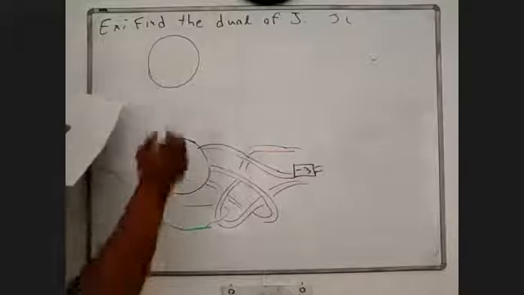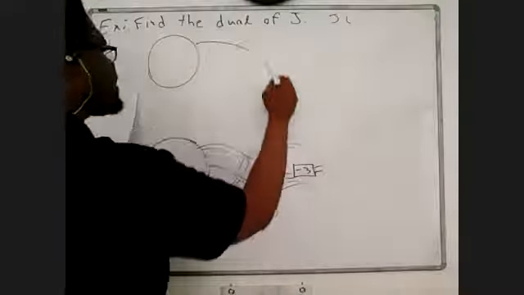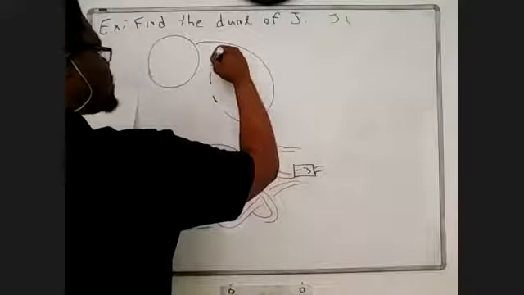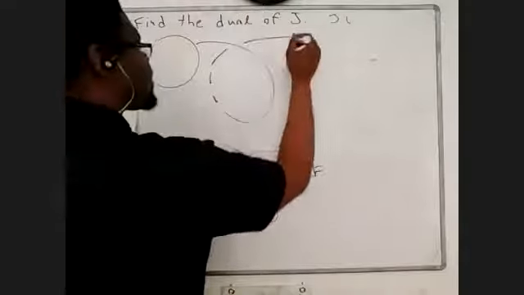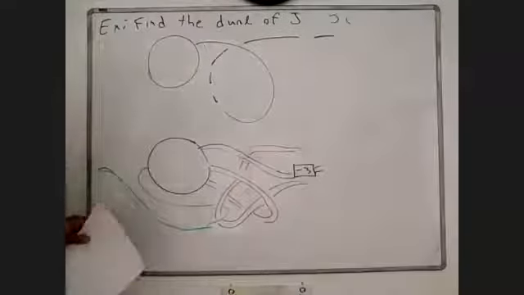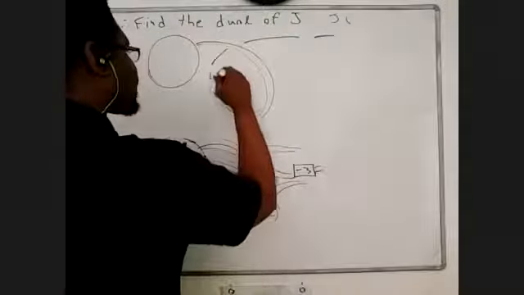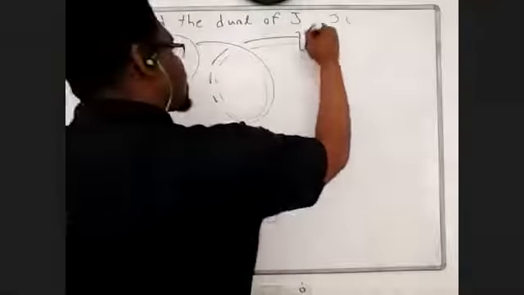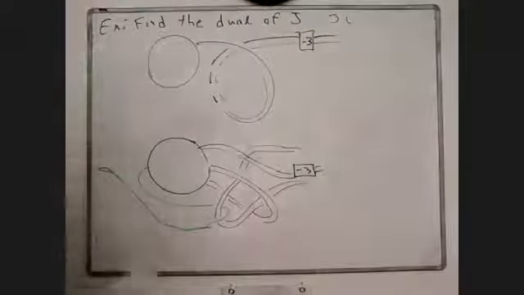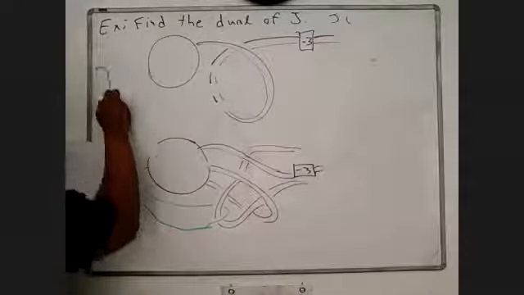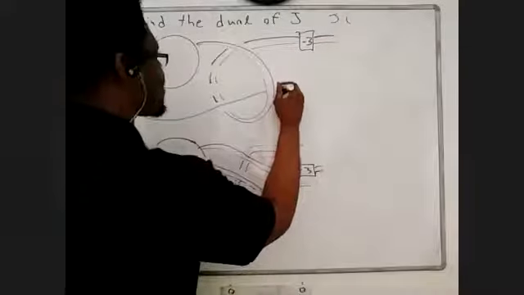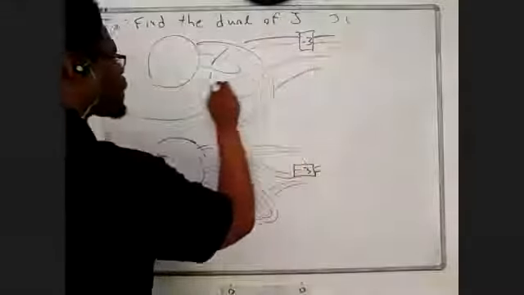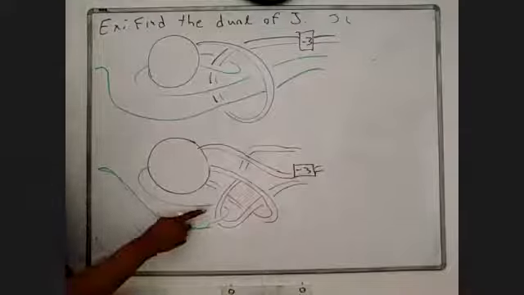If we do that correctly, we should get this. So you can see we just took this green part and pulled it through.